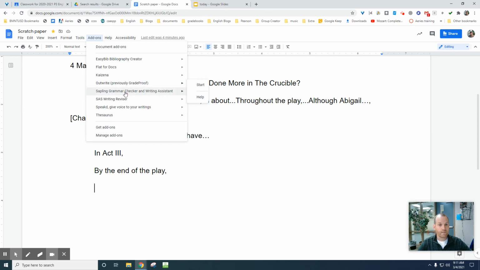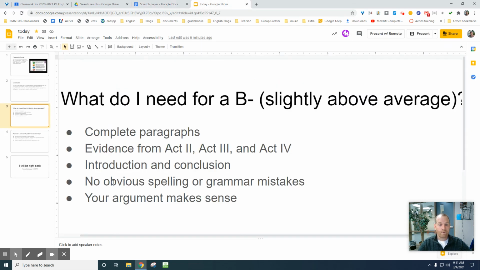So hopefully you have one of these add-ons. If you don't, you can come back on the Google Meet and I'll show you how to add them. But this will also check your grammar. So run these, and that will help you have no obvious spelling or grammar mistakes. And finally, your argument should make sense. Right? When I'm reading it, I should be thinking to myself, yeah, those characters could have done more.